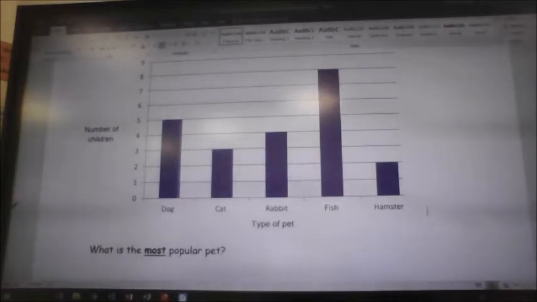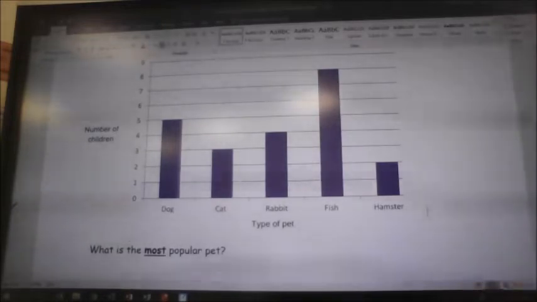Okay, number of children, and it tells you what colour jumper they're wearing. Here, I've got the number of children, and I've got what type of pet they like. And by looking at this information, or by reading the numbers, as you've got in yours, okay, you can answer certain questions, okay?